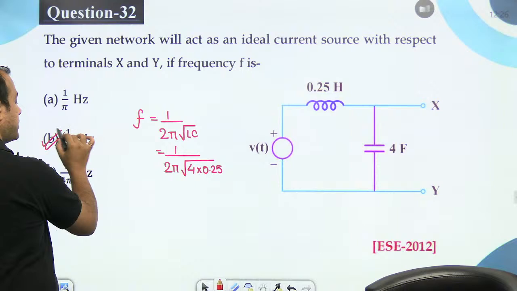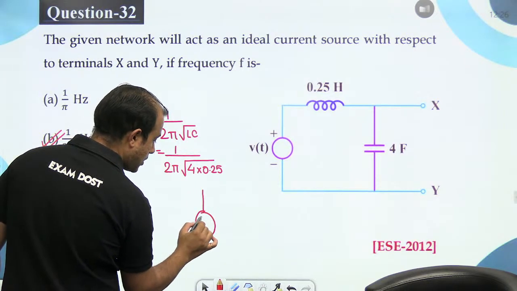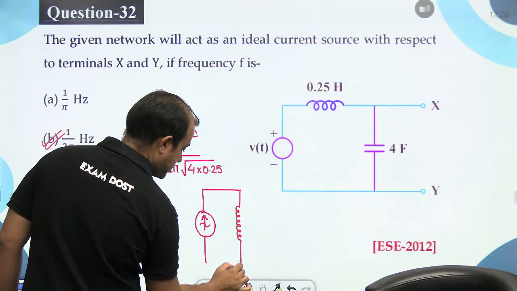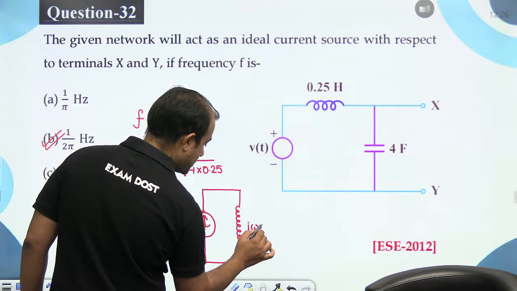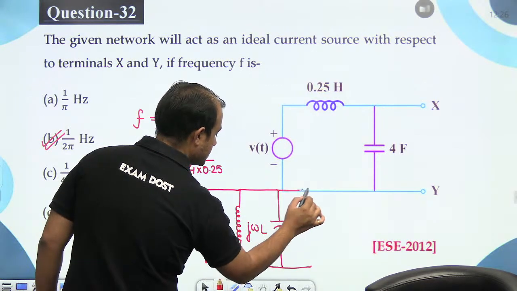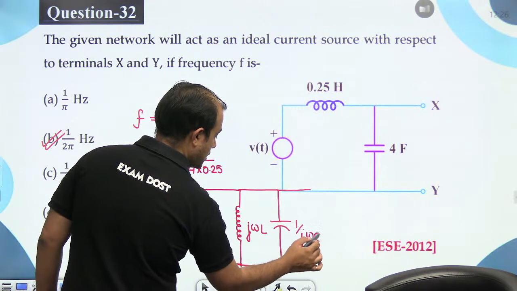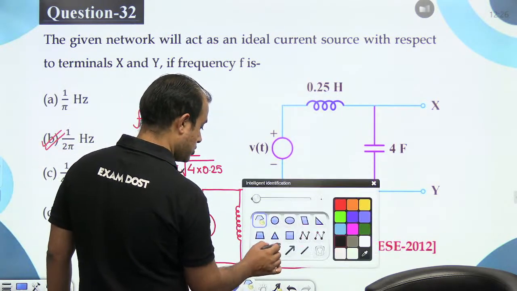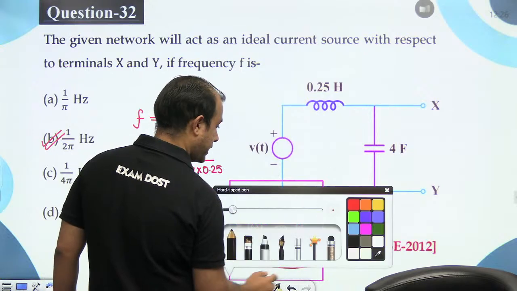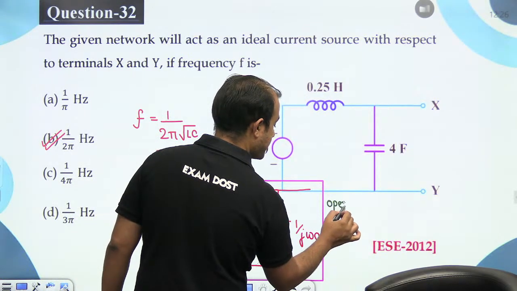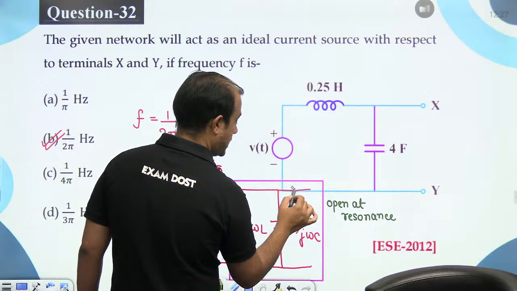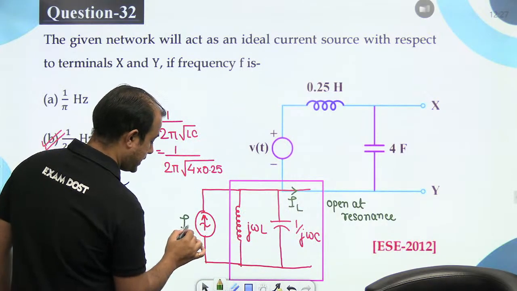So the answer is 1 by 2 pi. Sir, what is the logic behind this? See, I will do source transformation. Okay, I will do source transformation. So at resonance, a parallel LC oscillator acts as an open circuit. So this will act as open at resonance. So my load current is the same as the supply current.